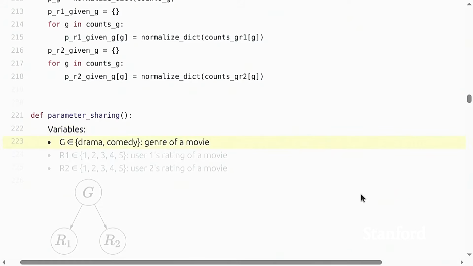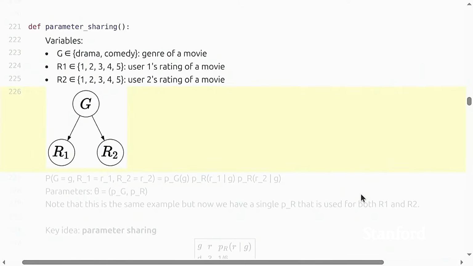Okay, so I'm going to have the same Bayesian network as before. Genre, rating for user 1, rating for user 2. But what I'm going to do now, and this is where the indices become important, is I'm going to have probability of G, probability of R1 indexed by R, and probability of R2 also indexed by R. So the parameters here are just p_G and p_R.